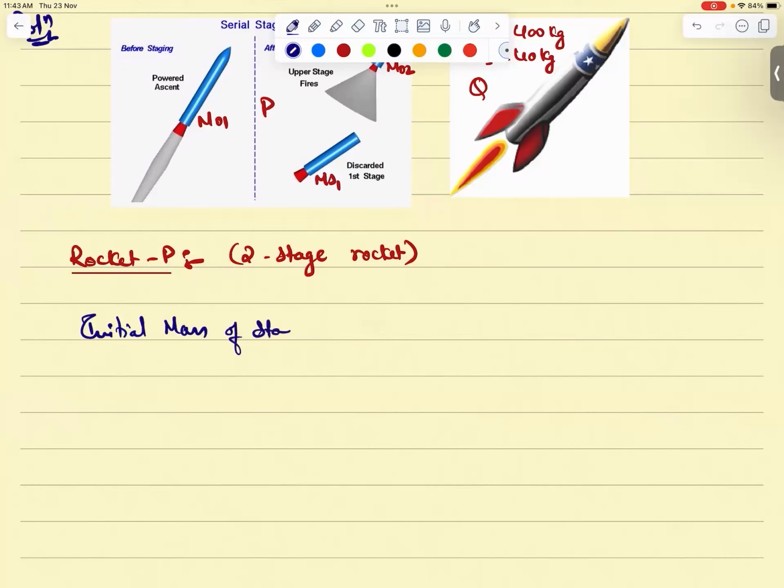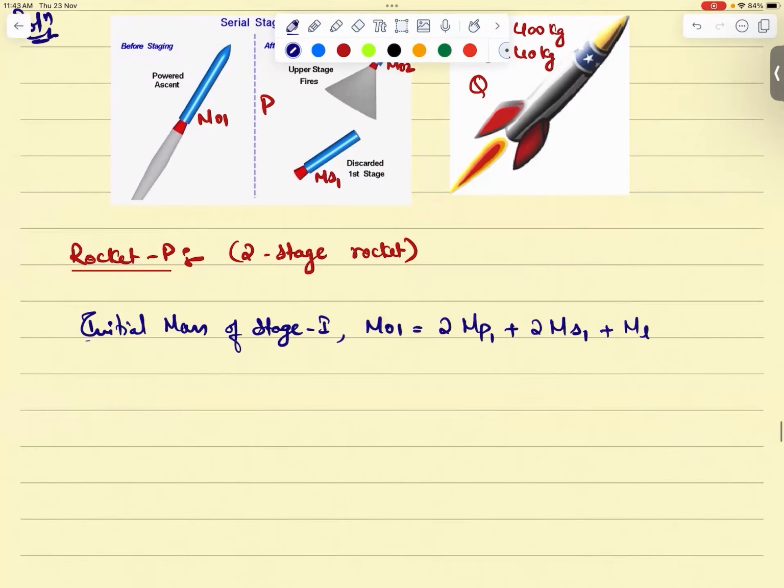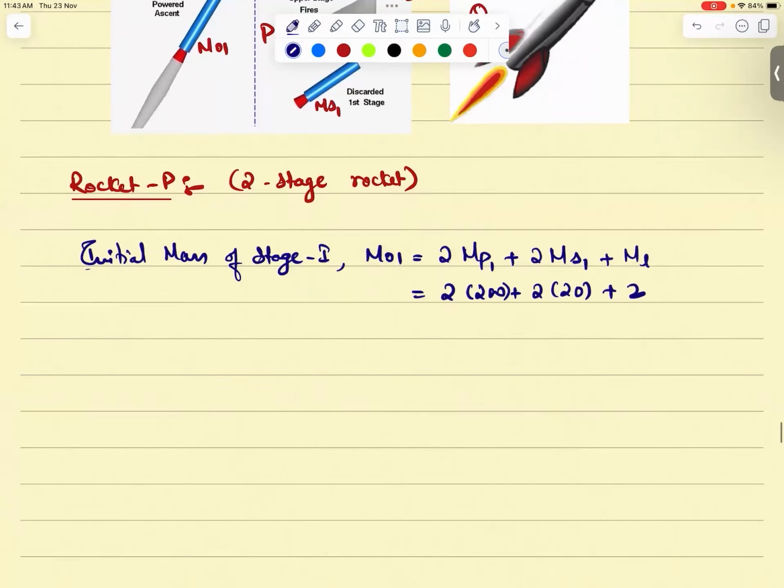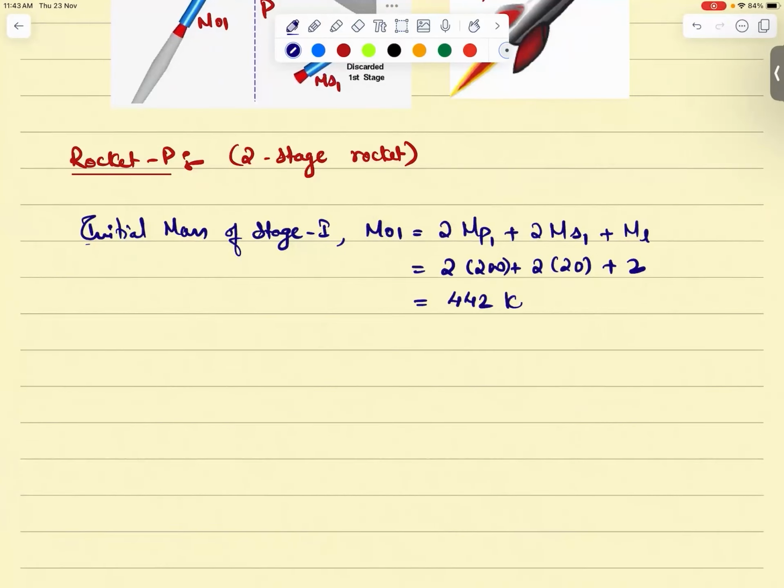So at the beginning of stage 1, what is m01? The entire rocket is carrying two stages, each with a propellant mass mp and a structural mass ms, and the payload mass is ml. Each stage propellant is 200, each stage structure is 20, payload is 2. So you will get 442 kg. That is M01.